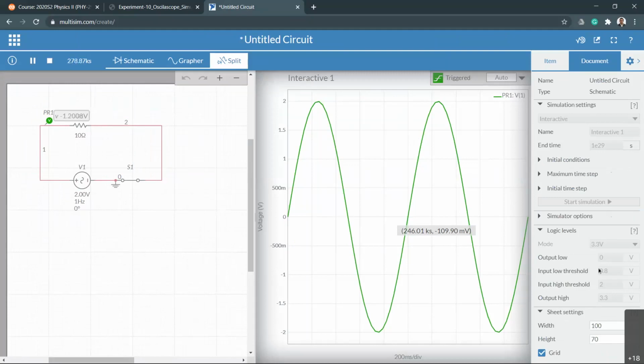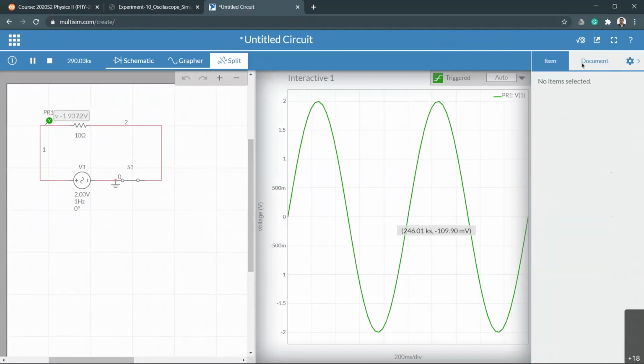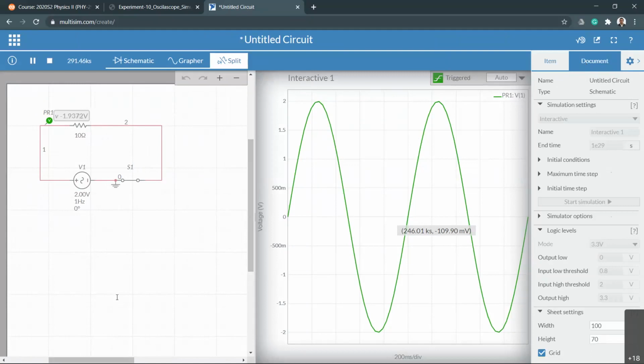And now what we would like to measure. What is your question? You can select, actually all the information is just hiding right here.